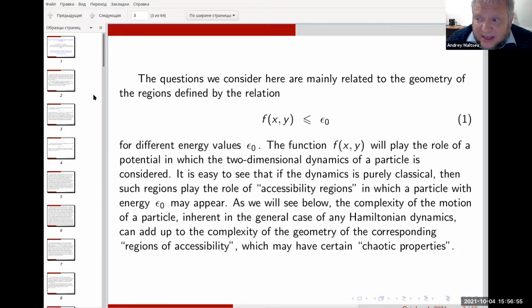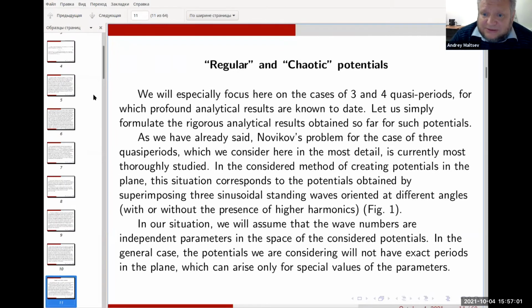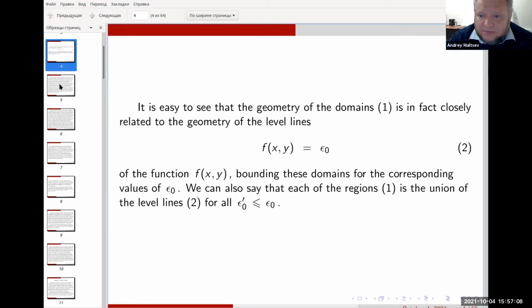As we will see, the quasi-periodic potentials can be divided into two classes.